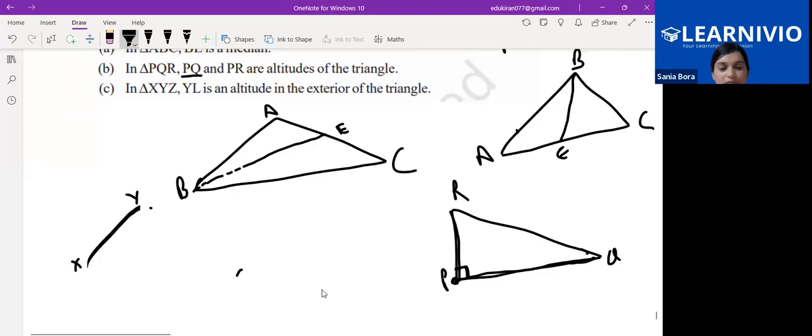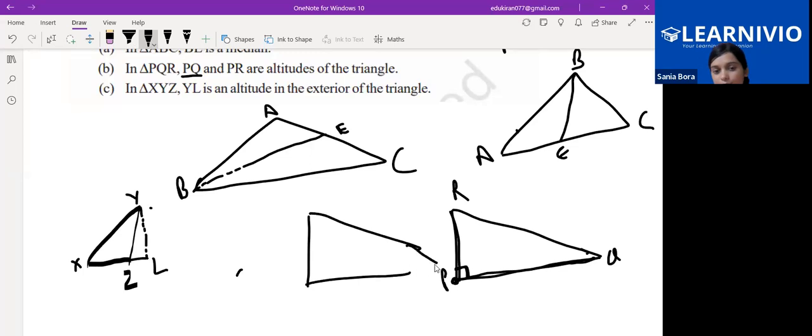And over here, L is the altitude. So this one would be a right angle here and this will be L. So basically it is like this. This is a triangle, right? And this YL is basically a 90 degree angle. Clear? This one will be straight.